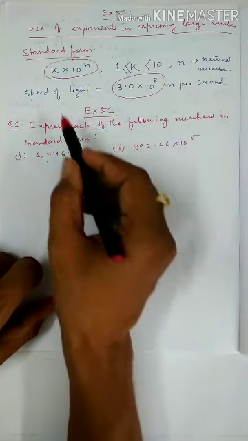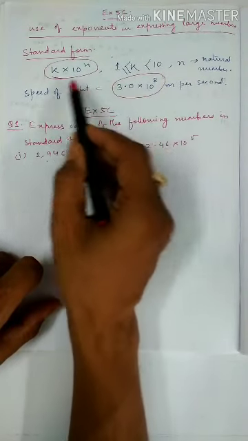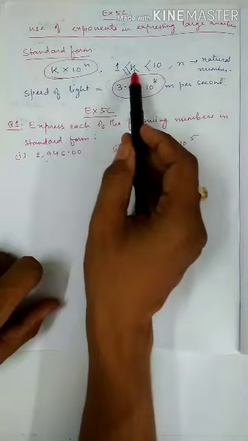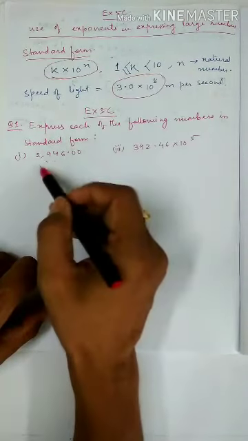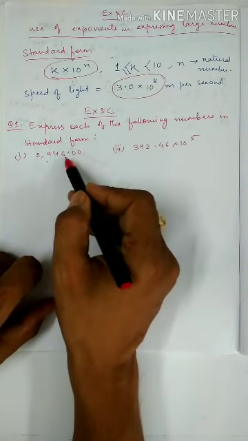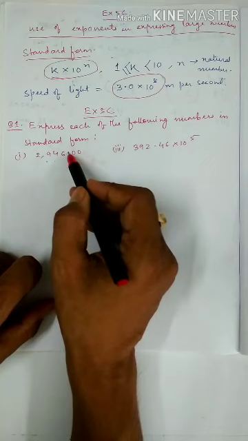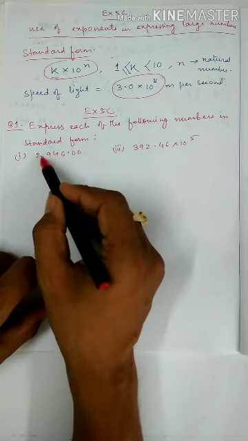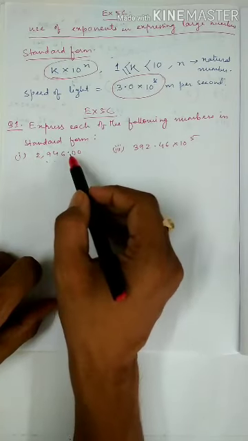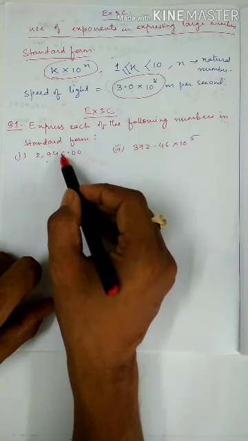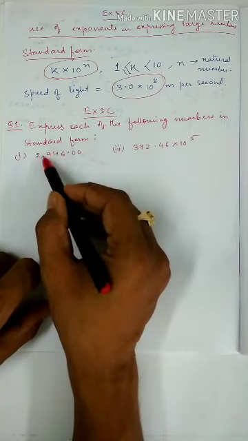Now in standard form, k should be between 1 and 10, but here it is 2946. That means we have to shift the decimal place to between 2 and 9. The decimal should shift 1 place, 2 place, 3 place.